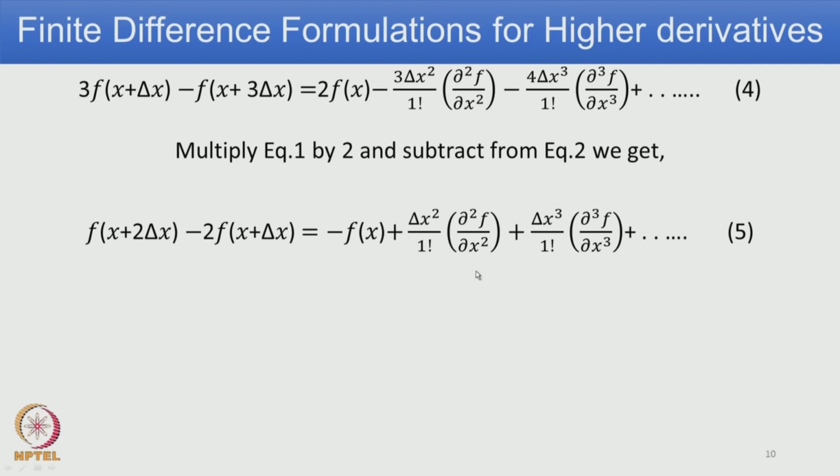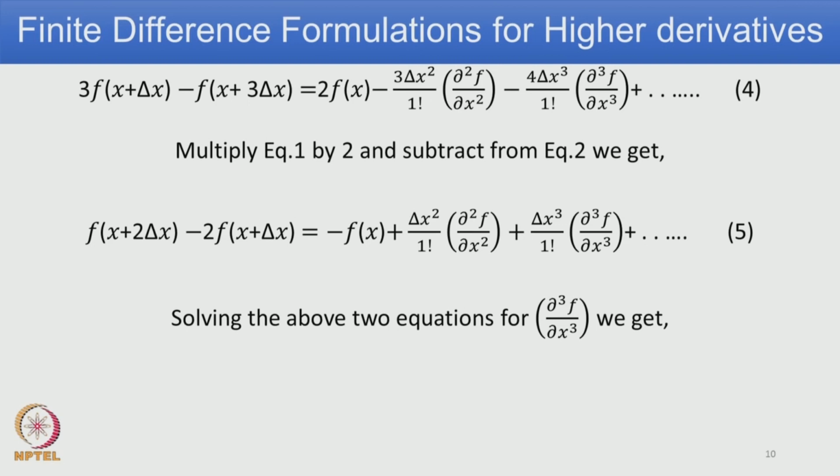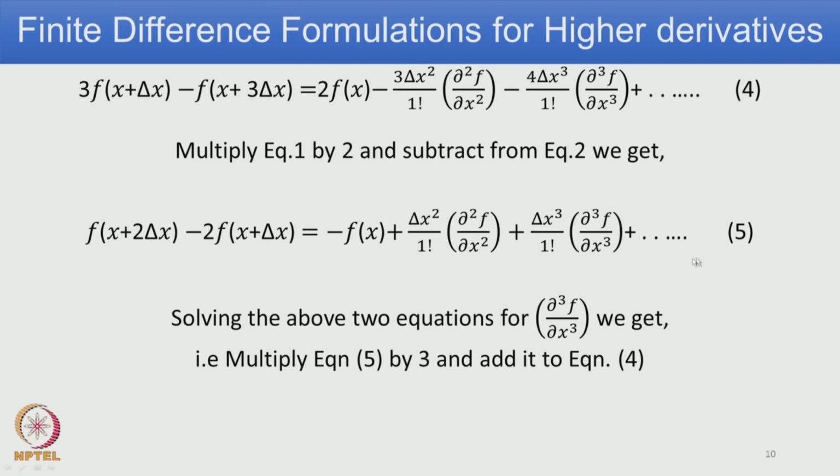So, we do a small arithmetic operation solving the above two equations, that is, multiply equation 5 by 3 and add it to equation 4, because the second derivative term here has coefficient 1. If you multiply this by 3 and add it with the corresponding term here, then you can observe that this term as well as this term gets cancelled. That is why equation 5 is multiplied by 3 and added to 4.